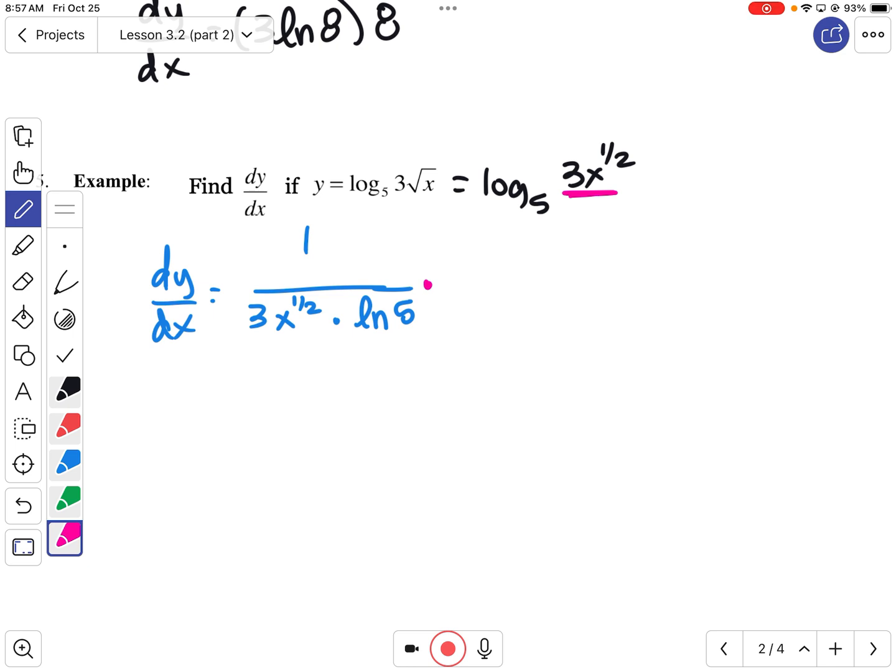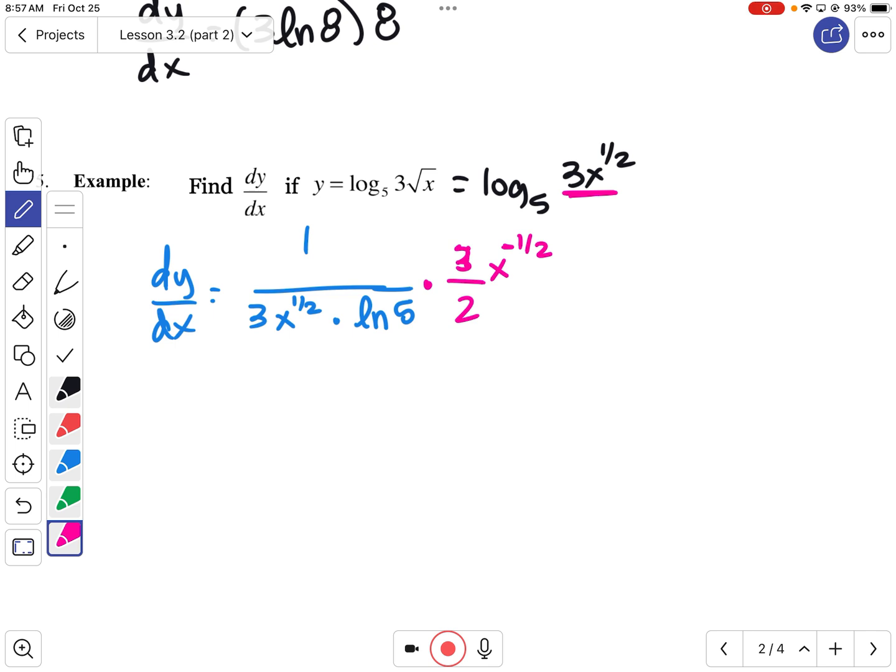And so what's the derivative of 3x to the 1/2? Negative 1/2. So that's what we've got there. All right, so 3 over 2 x to the negative 1/2. Now, we're going to be able to simplify some things here.